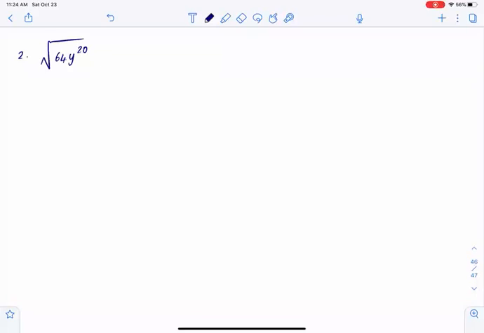So we can split the radical because the terms are in product. So square root of 64 multiplied by square root of y raised 20. Now, since it is a square root, we want to express the number and the expression inside the root as a perfect square. 64 is simply 8 squared.